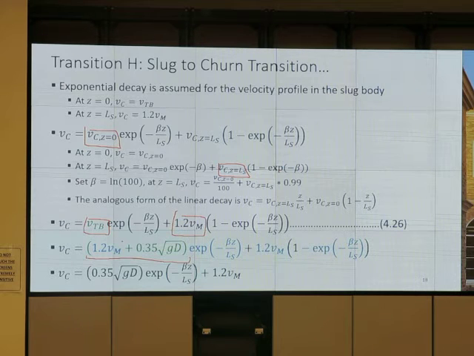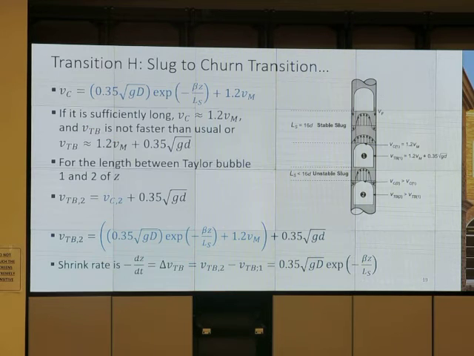Put theta equal to 90 degrees. Right? And that term stays. Do the math, combine it, because those terms can combine, right? Combine it, we get that. So this equation tells me the velocity at any location inside the slug body for the case of 90 degree upward flow. Good? Alright.